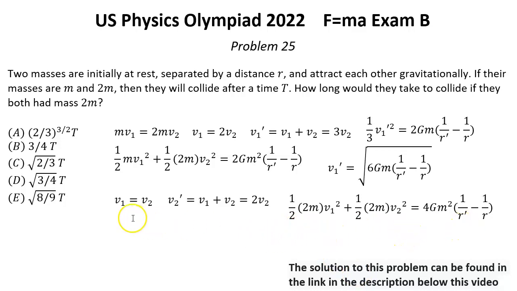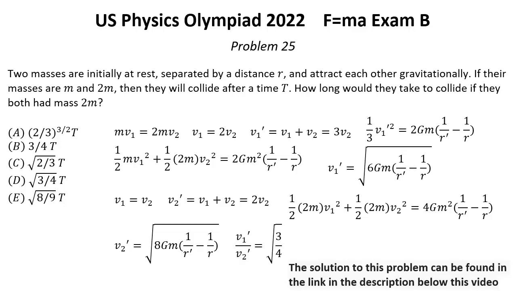Again, we can use expressions for v1 and v2 and find that v2 prime equals this expression. Now we can find a relation between v1 prime and v2 prime, the relative velocities for the two cases at the same distance r prime. So we have v1 prime over v2 prime equal to square root of 3 over 4 for the same distance.